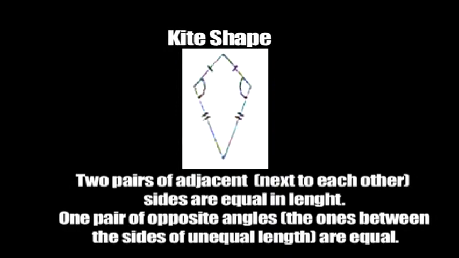Okay? Again, the properties of the kite are two pairs of adjacent sides, meaning next to each other, that are equal in length, and one pair of opposite angles, the ones between the sides of unequal length, are equal. Is that clear, 7Es and receiving students?